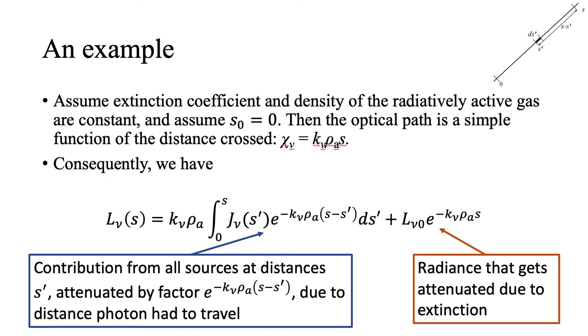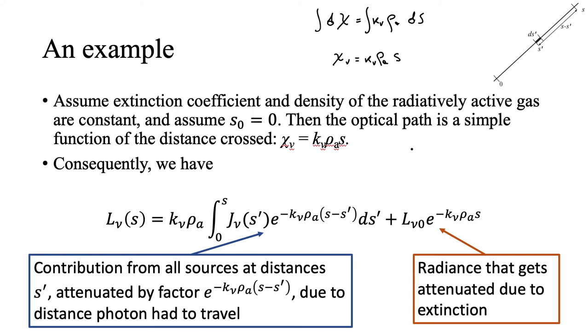In that case, for the optical path, d chi nu equals k nu rho a ds, you could just integrate both terms, and because these are not dependent on the position, you'll simply have chi nu equals k nu rho a times s, okay? And so you can substitute this back into the solution to the Schwarzschild equation, and you arrive at this expression here.